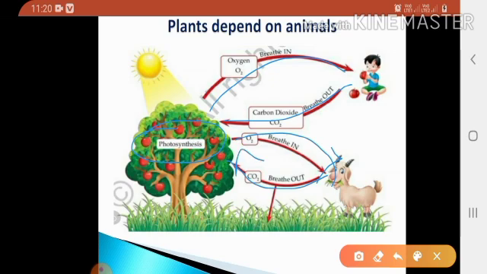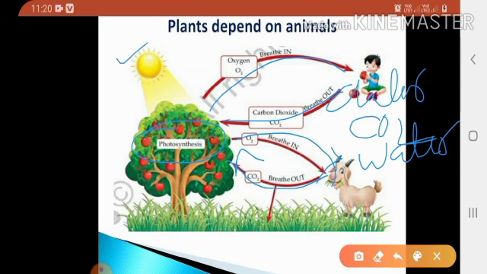Plants need four main things for photosynthesis. Those four main things are carbon dioxide, water, chlorophyll, and sunlight. Out of them, one is carbon dioxide, which plants get from other animals and human beings. So, in this way, plants depend on animals.